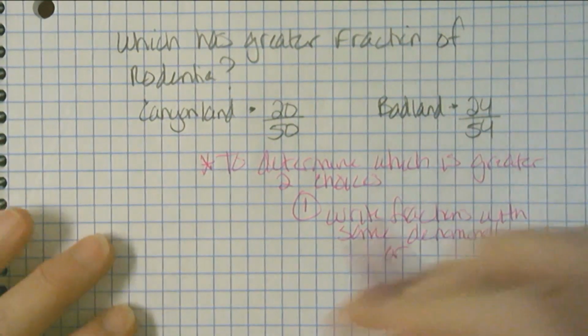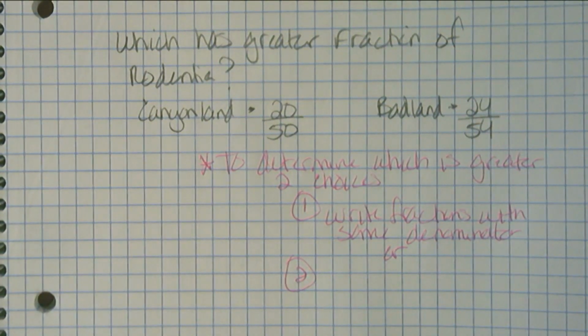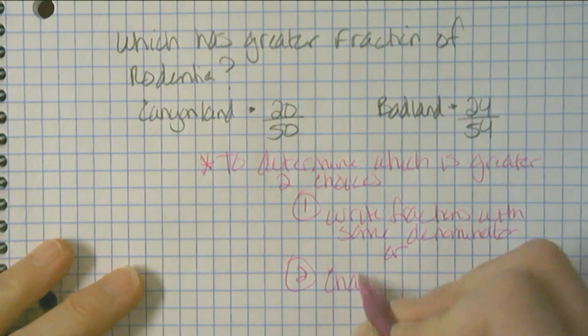Or, what else could we do? Think about what we're just working on today. What else could we do instead of changing those into fractions with the same denominator? What's our other option? AJ? Yeah, change them both to decimals.